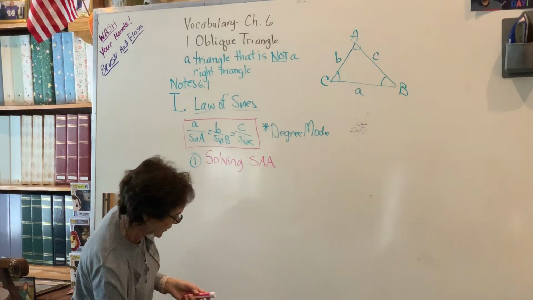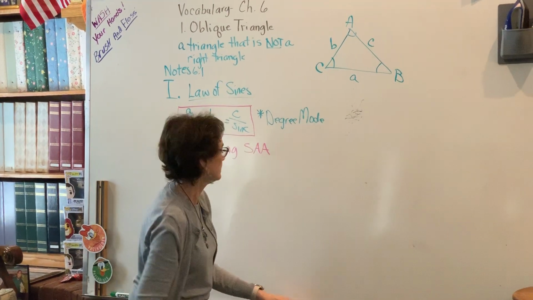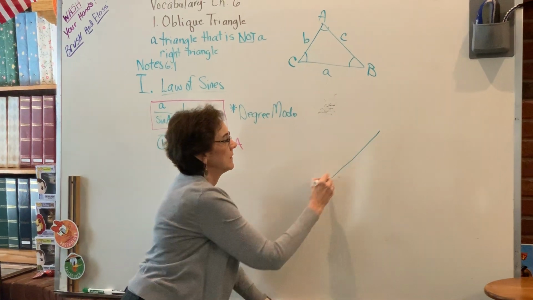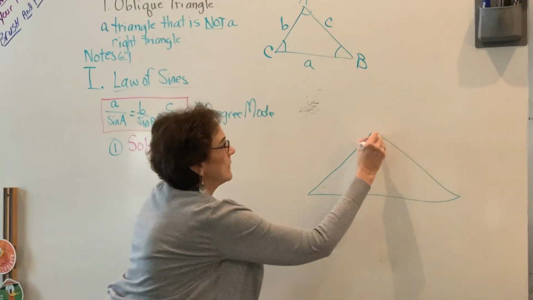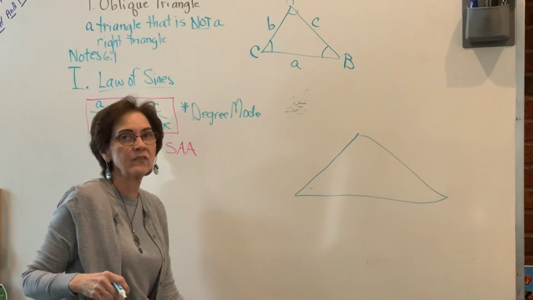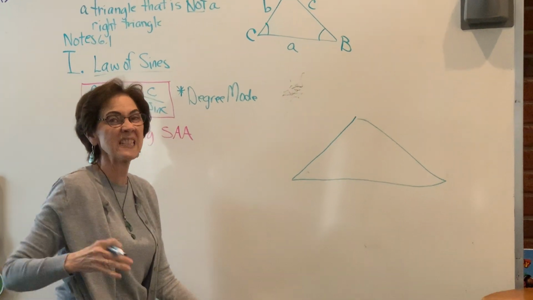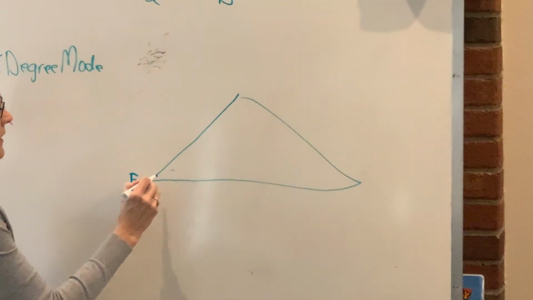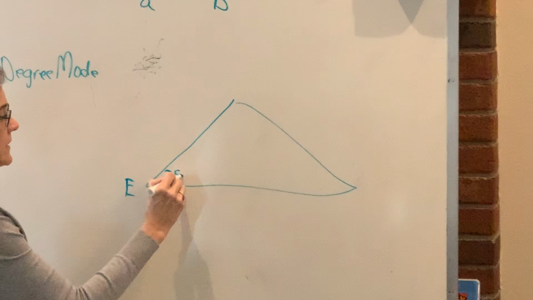Okay? Let's try a different one. Here we go. Okay, this time instead of using ABC, I've got DEF. So we've got E, this is 35 degrees.